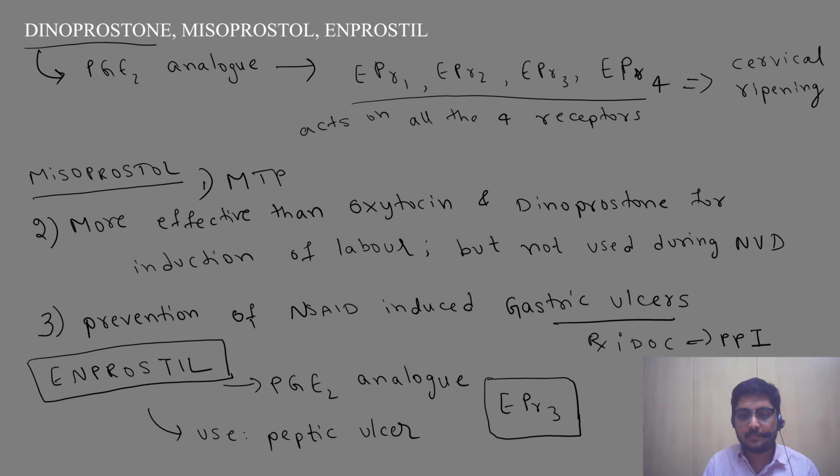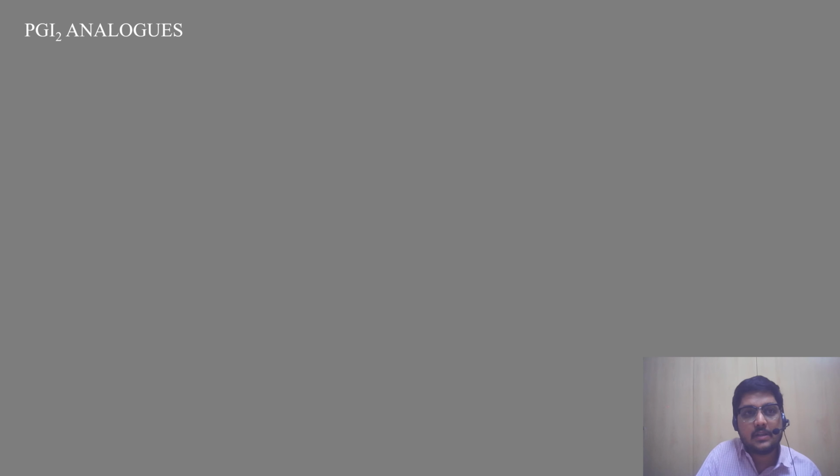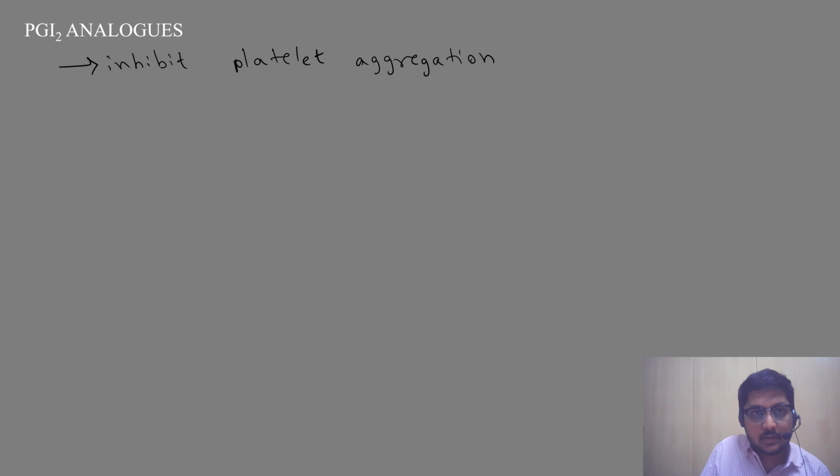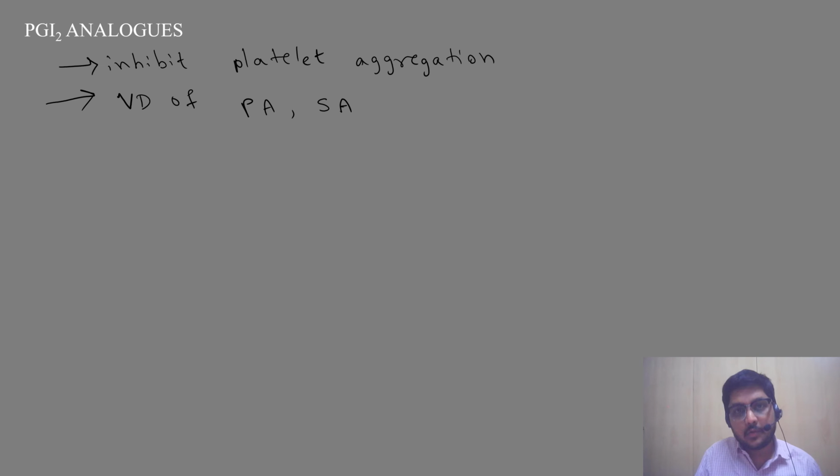Got it? What are the next group of drugs? PGI2 analogs. What do these PGI2 analogs do? They inhibit platelet aggregation. This is not the main thing which we desire. The main thing about these PGI2 analogs is that they cause vasodilation of pulmonary arteries and systemic arteries, both of them.